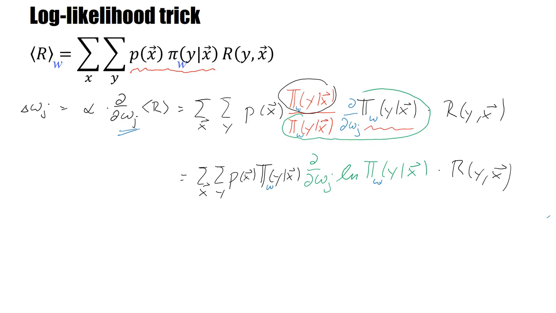And now I said earlier that the correct statistical weight is p of x times policy p of y given x. And this is now what I have here. So this is the correct statistical weight.